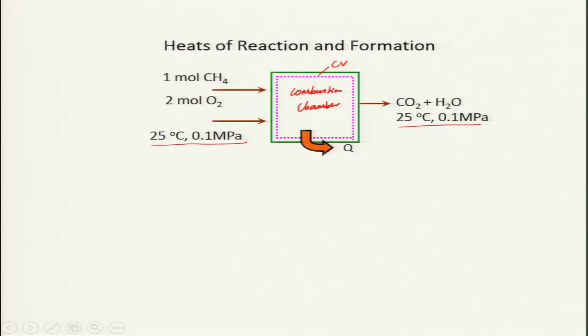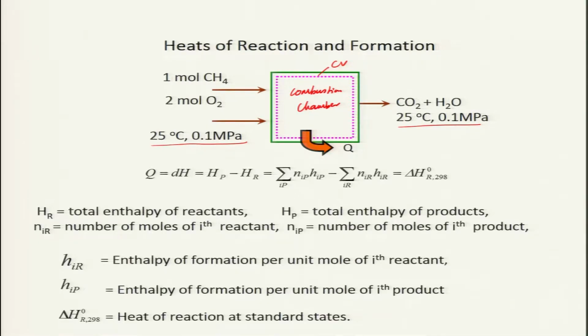And here we need to invoke the first law of thermodynamics for this control volume system, and we know that work done is 0 here, right. Shaft work is 0 and it is a steady process, and the change in kinetic energy is 0, the change in potential energy is equal to 0.